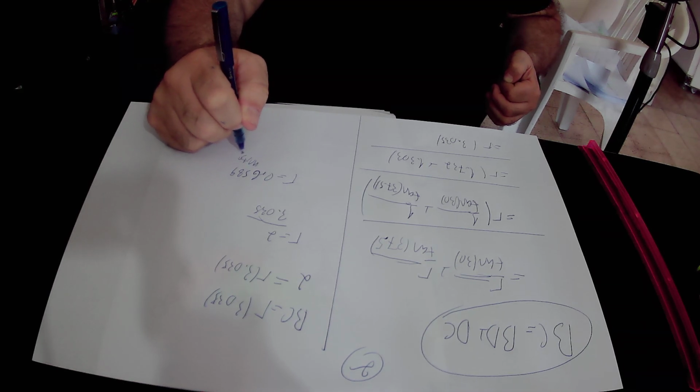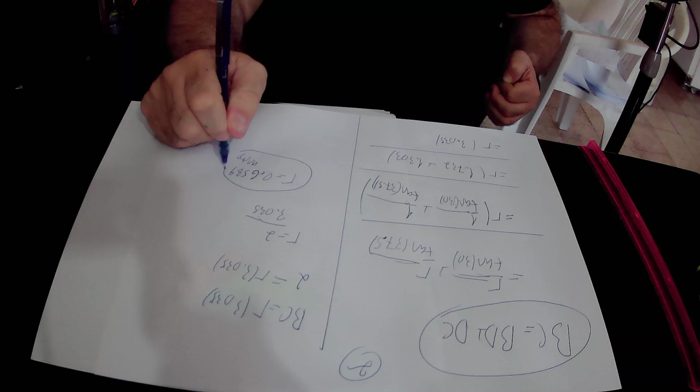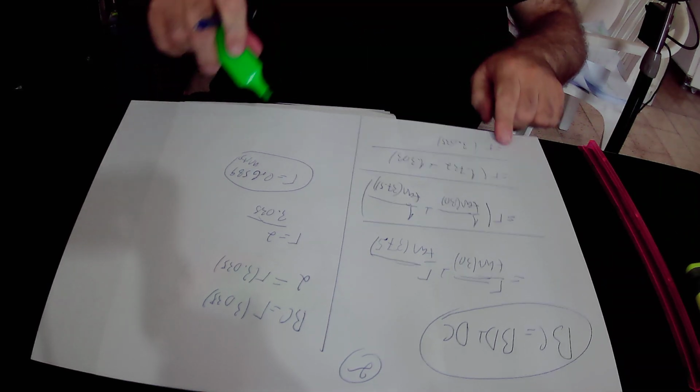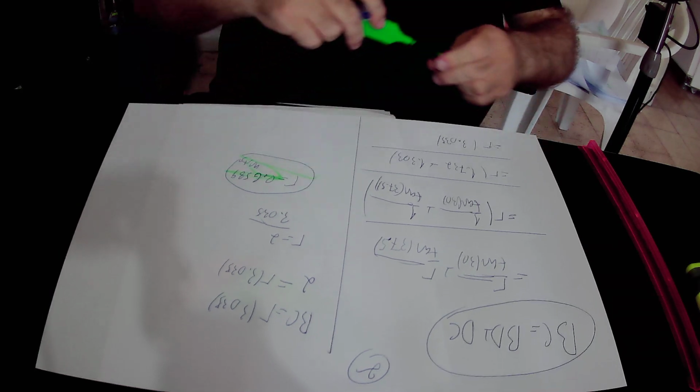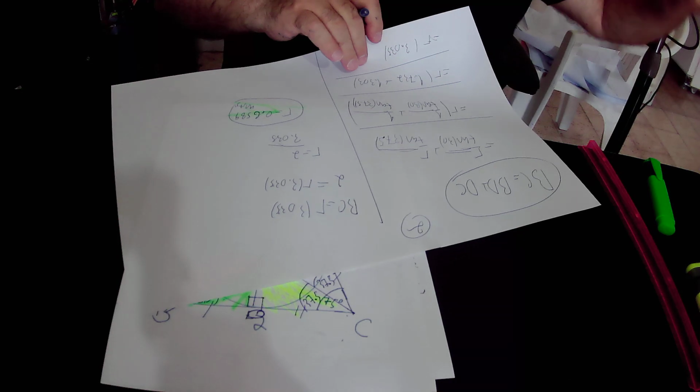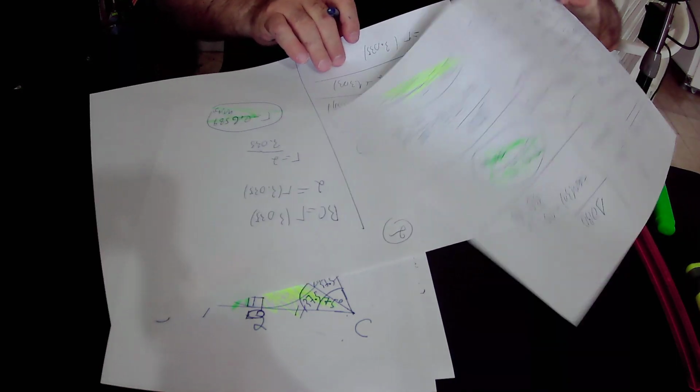So in both methods you arrive at the same result, that the radius of the circle that is described by triangle ABC equals 0.6589 units.